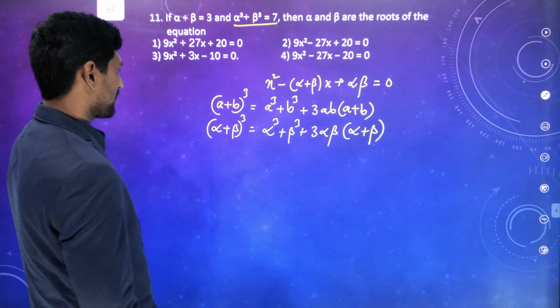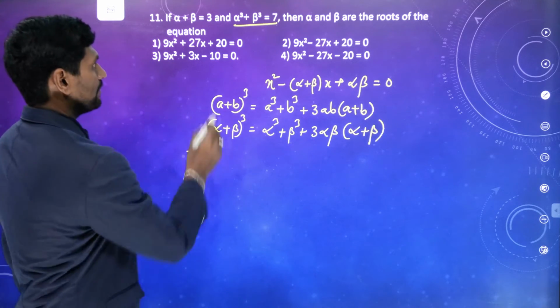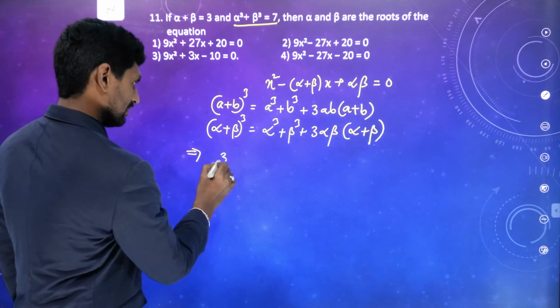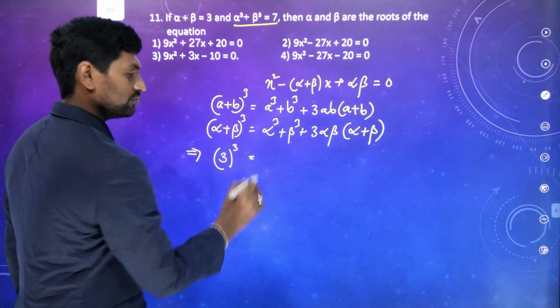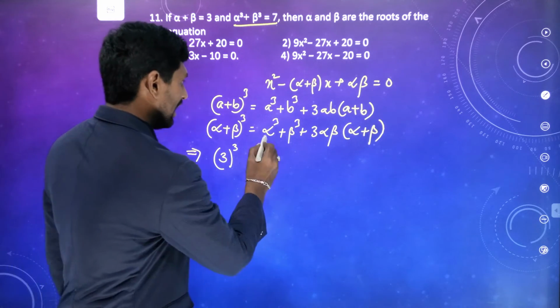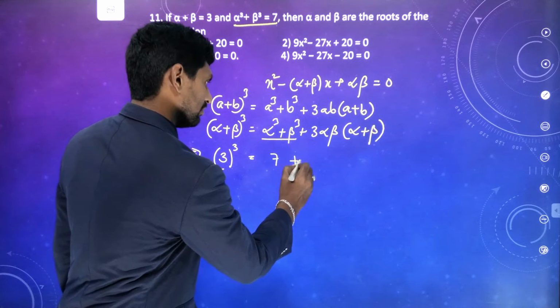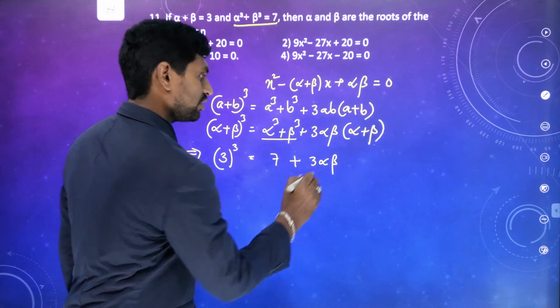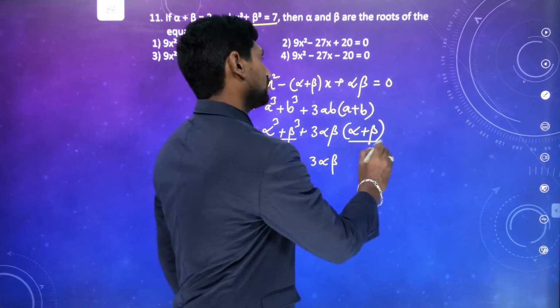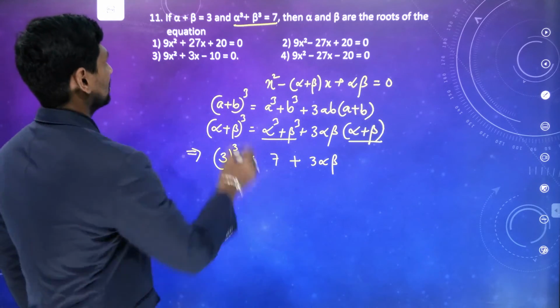Alpha plus beta value is 3, I am substituting the value. 3 power 3, alpha cube plus beta cube value is 7, plus 3 alpha beta, which we have to calculate, into alpha plus beta value 3.